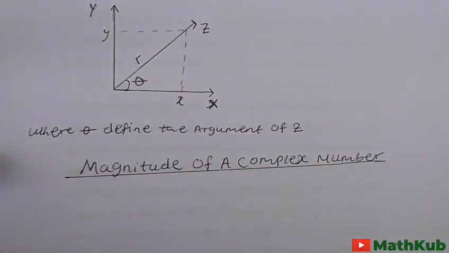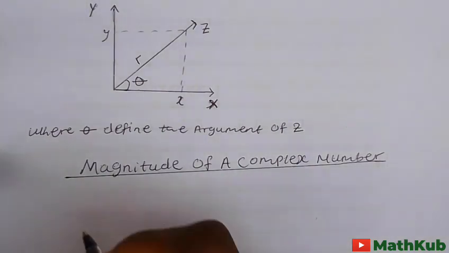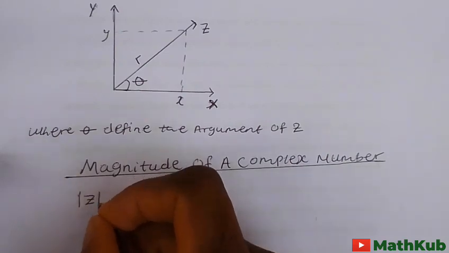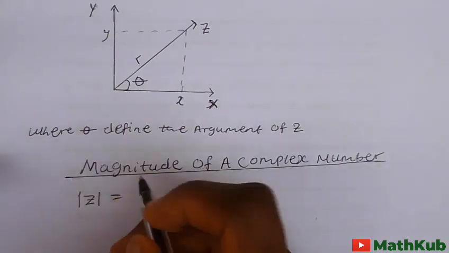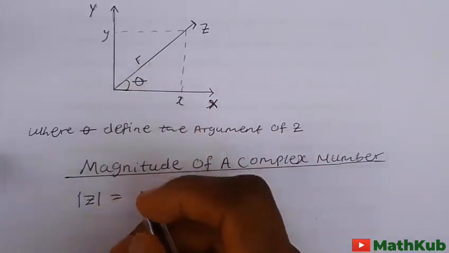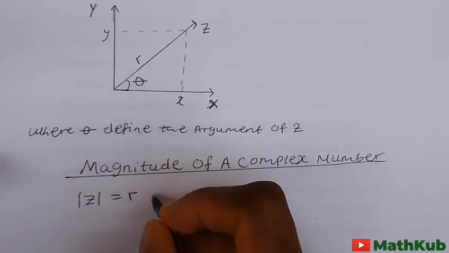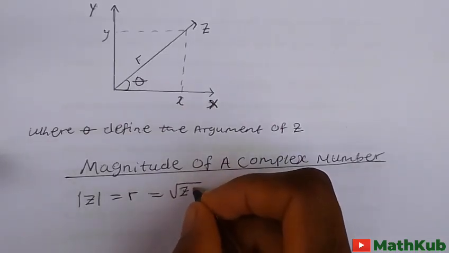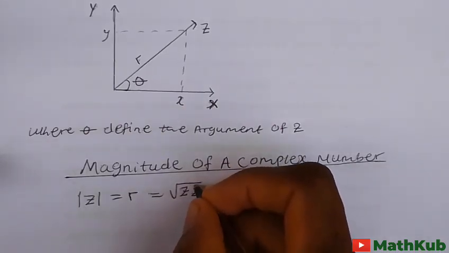That takes us to the magnitude of a complex number. The distance or magnitude of a complex number is the modulus of z, which is equal to r, this r, which is also equal to the square root of z times the conjugate of z.